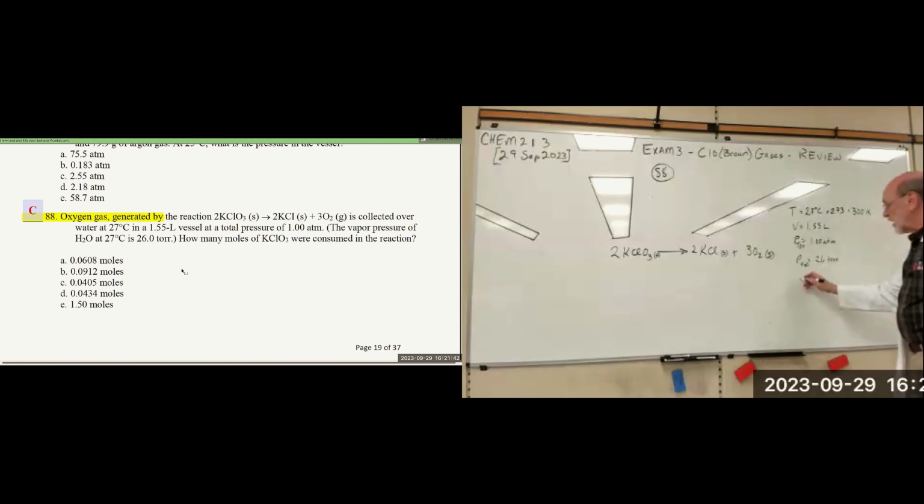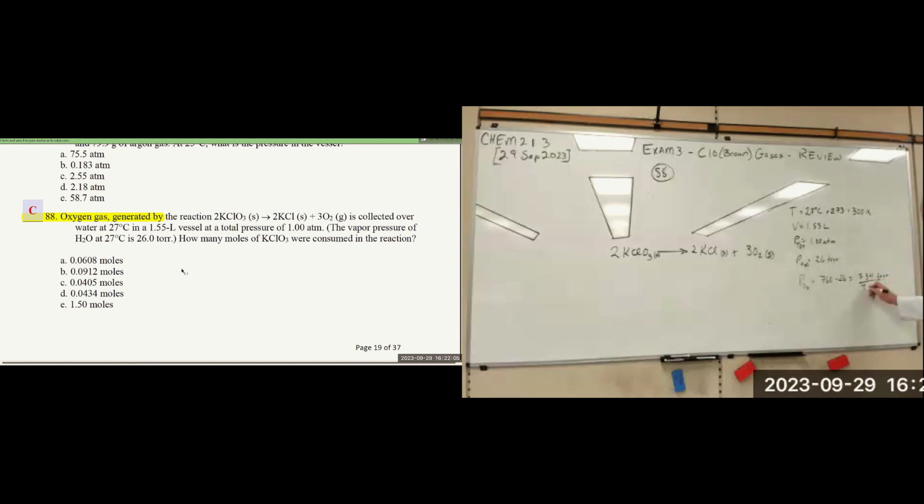So the pressure of the oxygen is 760 torr, which is 1 atmosphere, 760 millimeters of mercury, minus 26 equals 734, right? Okay.